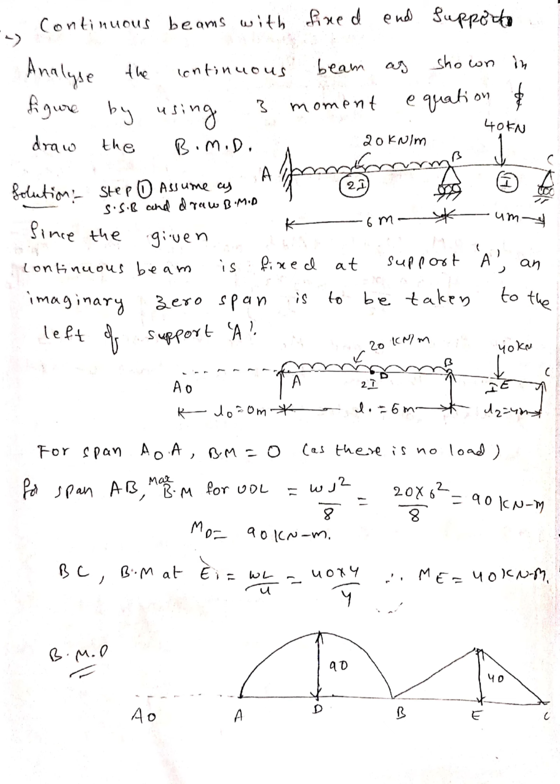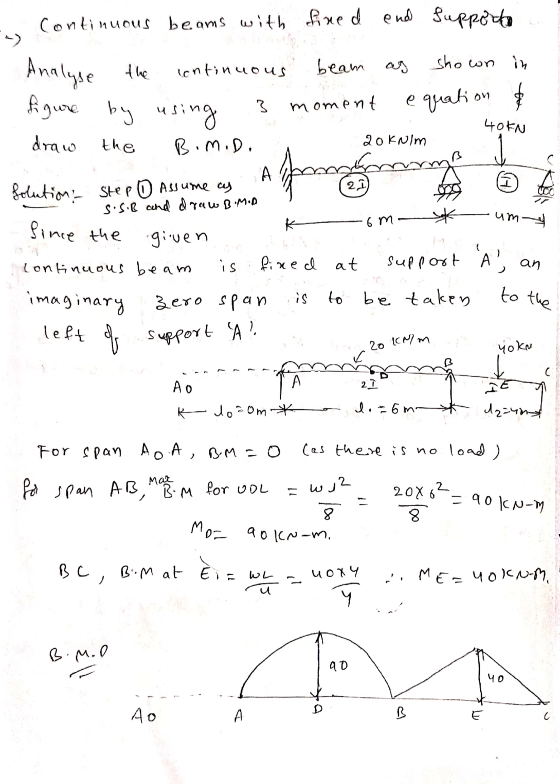Since the given continuous beam is fixed at support A, an imaginary zero span is to be taken to the left of support A. As there is a fixed support in the given beam, we need to draw an imaginary line A0A of length L0 equal to 0 meters, and no load is on A0A. Why are we drawing it like this? Because in this question we need to find MA and MB. MC is anyhow 0 because it is a simple support.